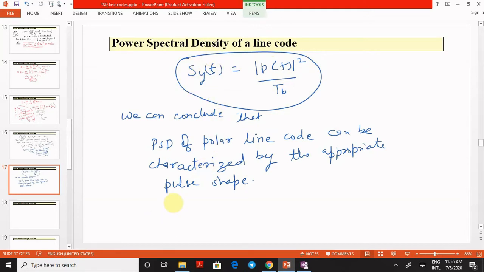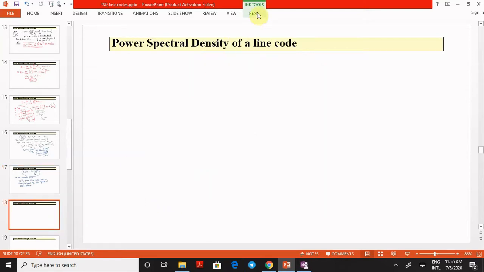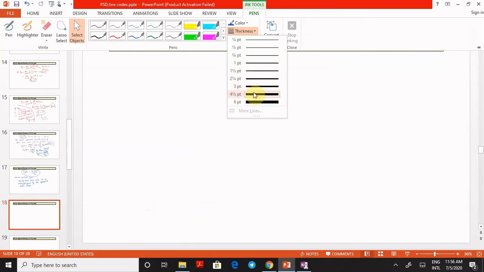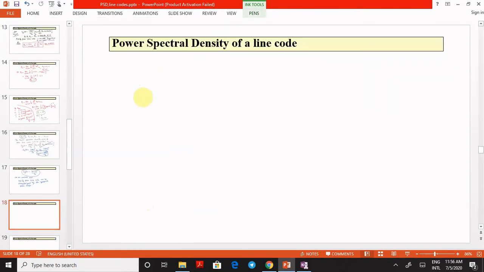And now if we extend our discussion, for the purpose of comparison, because we know that we have to find out the power spectral density for many codes, and we want to compare the power spectral density of all those available line codes, so that we can find out which code can perform better on the front of power spectral density.